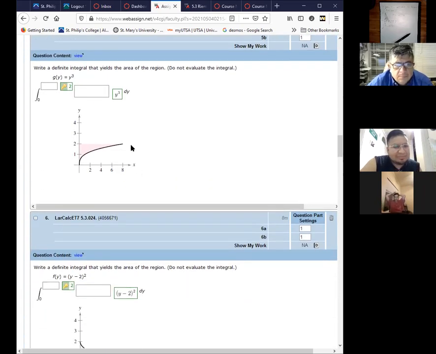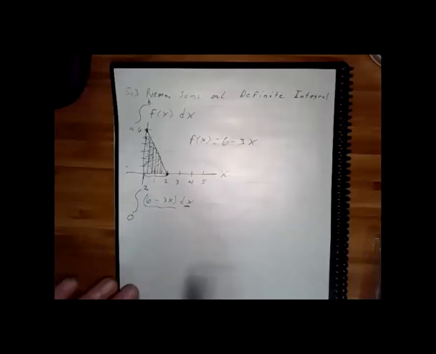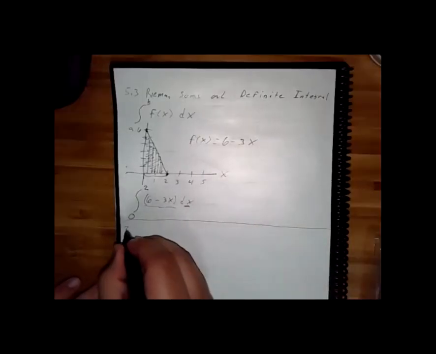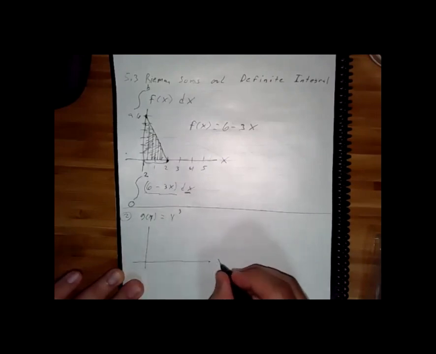All right, let's look at number 5 here. Notice how they changed it to dy. So let's write this one on paper so you can see the difference. This is a dx problem. Number 2. You have a function g of y equal to y cubed. And you have a graph that does this.